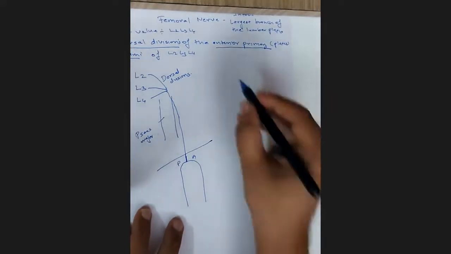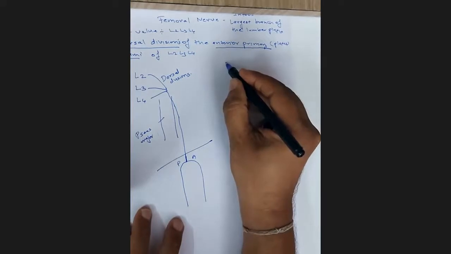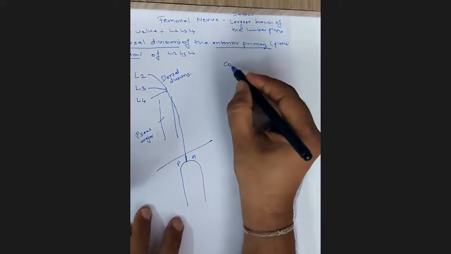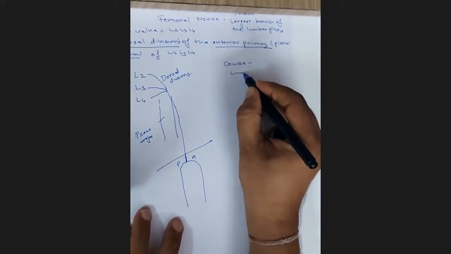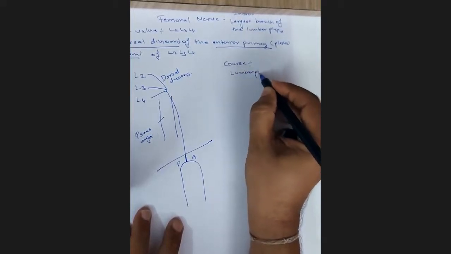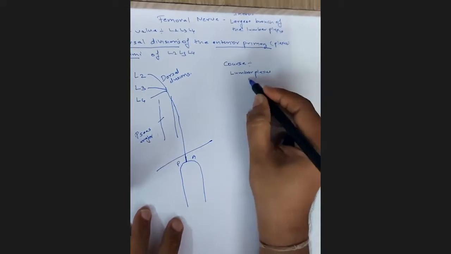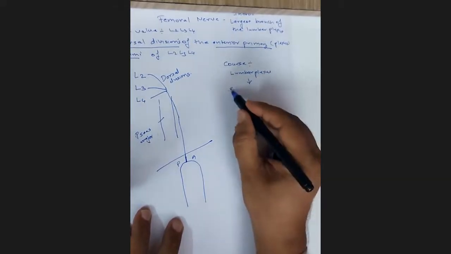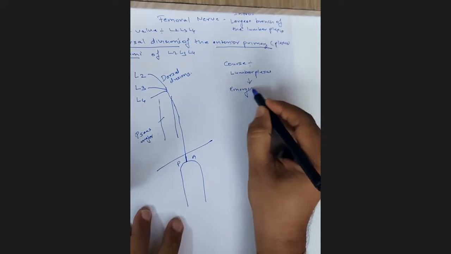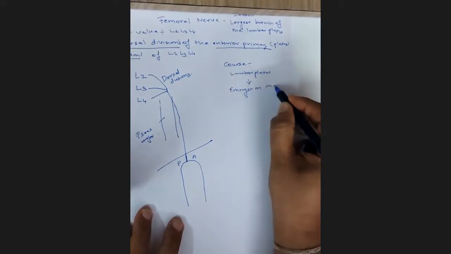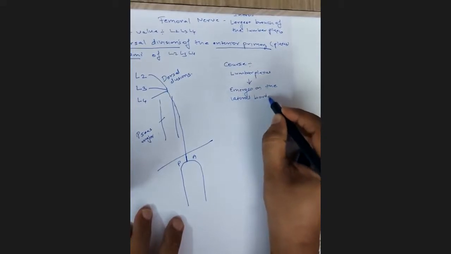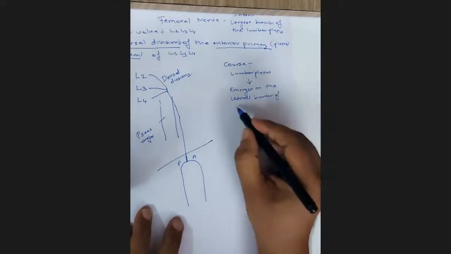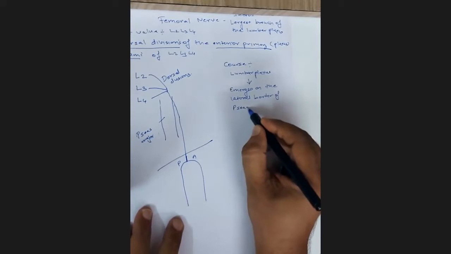So when I have to write the course, I write: the course starts from lumbar plexus. Then it emerges on the lateral border of psoas major muscle.